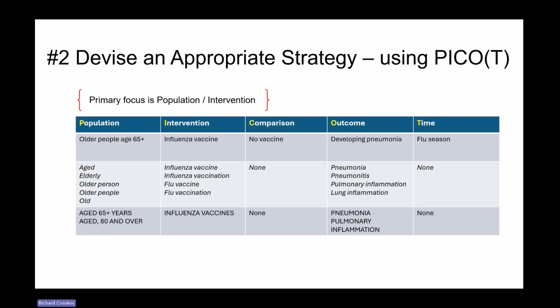We're not having terms to compare because it's really the intervention or not having it, so we're not really going to search in that area. But we've got the outcome, of course, pneumonia or pneumonitis, pulmonary inflammation, and so on. And we're assuming that what we're looking for will generally be within flu season as such, or depending on the time of year that we're running our searching, we may find more literature.